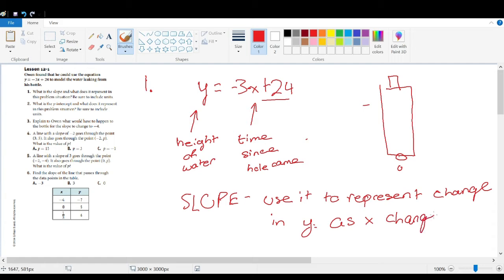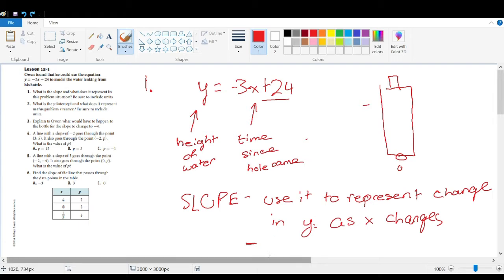So if we see here in this equation, if we plug in 1 for x, we'll get a y. And if we plug in 2 for x, we'll get a different y. So the idea is we can use slope to represent the change in y as x changes. That's what it's meant to do. What does it do?